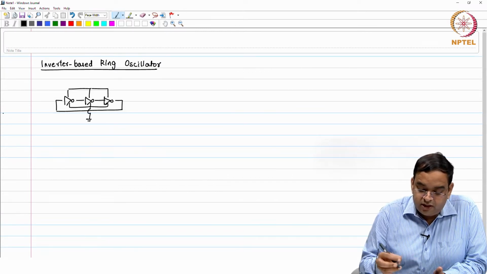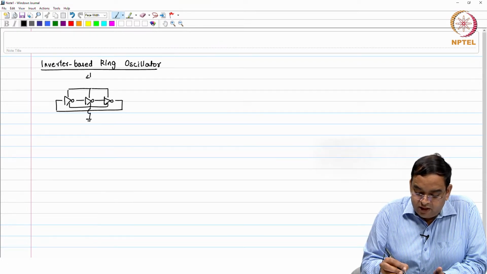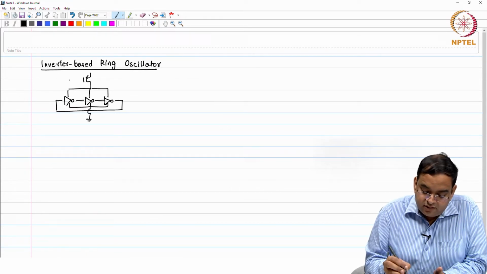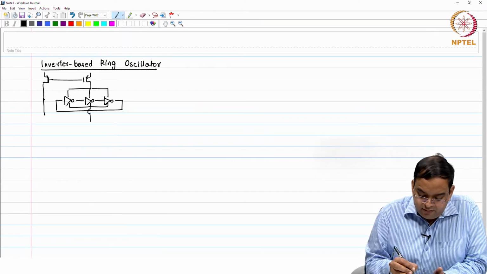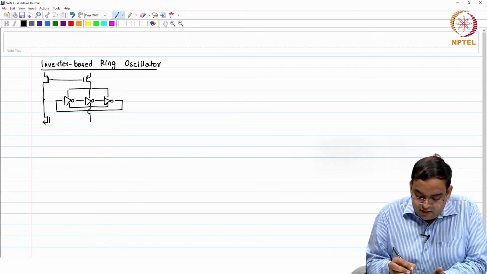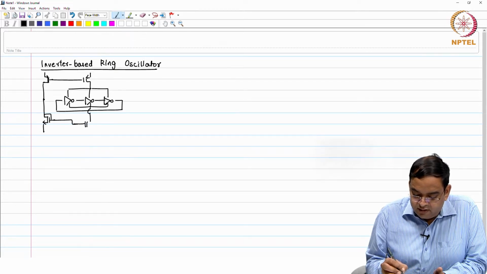So, here if you remember what we did, we controlled the current somehow. By the way, we control both the top and bottom. Here we applied a current mirror, and the current mirror was finally controlling the current.